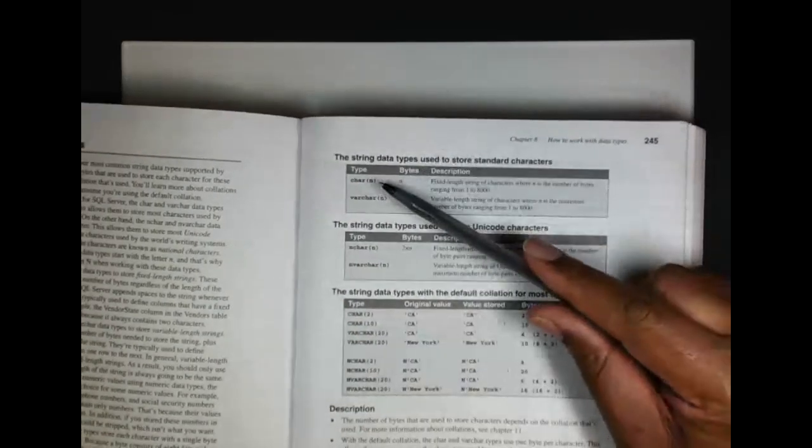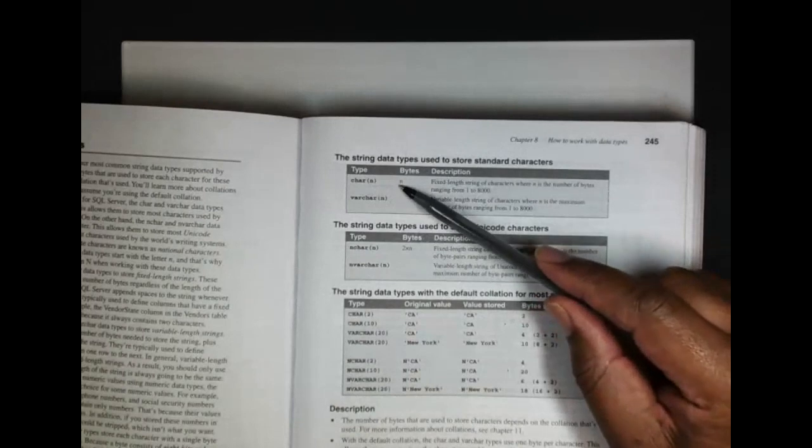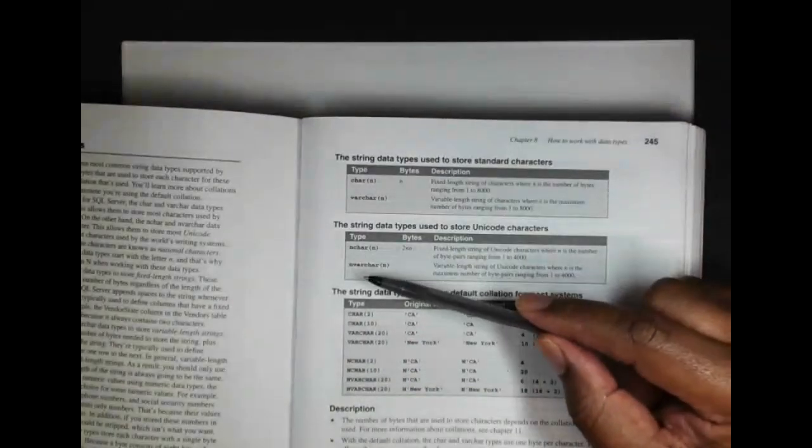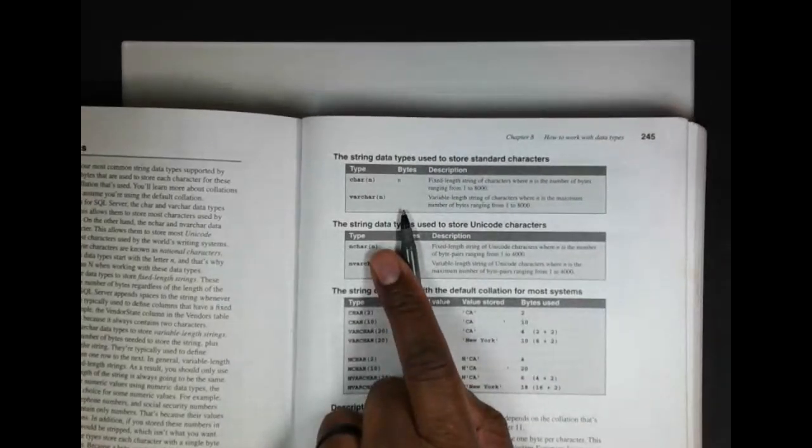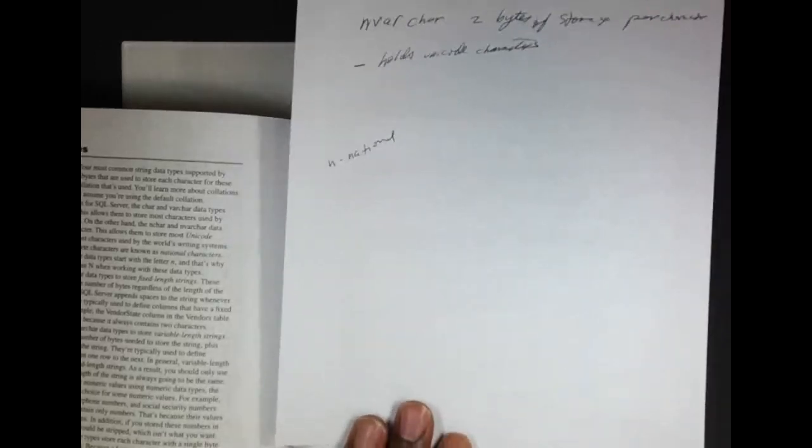So char and varchar use 1 byte. nvarchar uses 2 bytes. When you specify nvarchar, again, it's going to allow you to store Unicode characters.